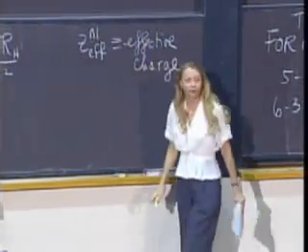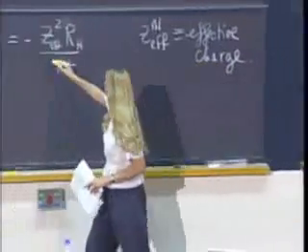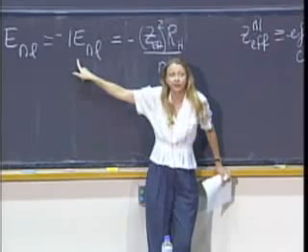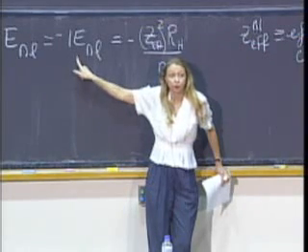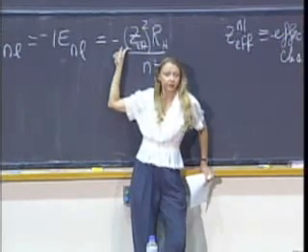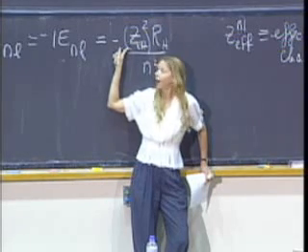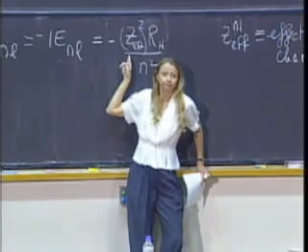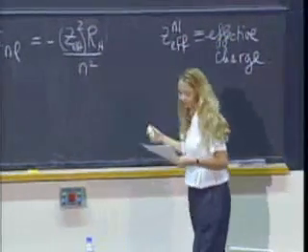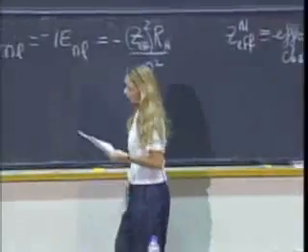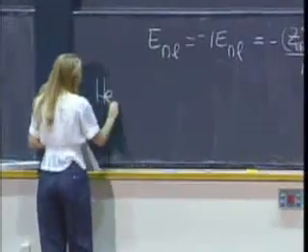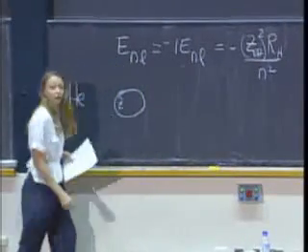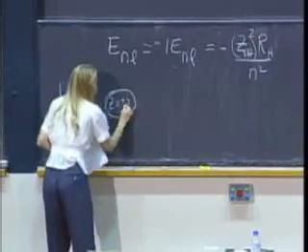Okay? And what I'm going to do eventually here is to use the experimentally measured ionization energies to back out an effective charge for each electron in each nl state. That's what I'm going to do. All right, but now what is this effective charge? Well, suppose I take a helium atom, and we have a nucleus here, and the charge on that nucleus is +2.